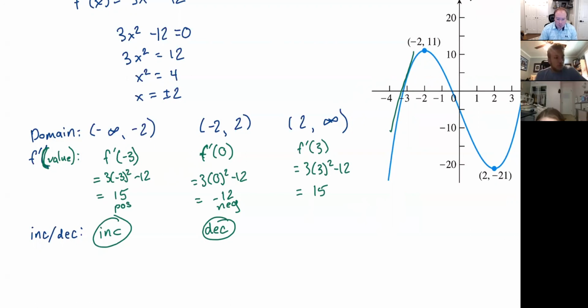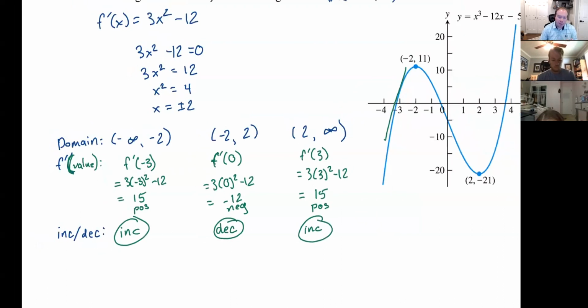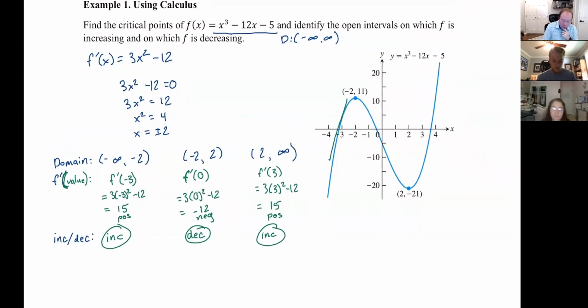So that is positive. So it's going to be increasing. So we have now identified the open intervals for which the function is increasing and for which the function is decreasing. This one and this one are increasing, and this middle one is decreasing.